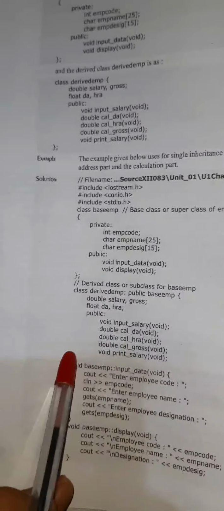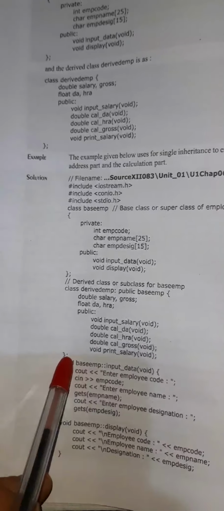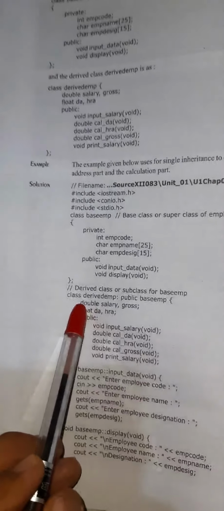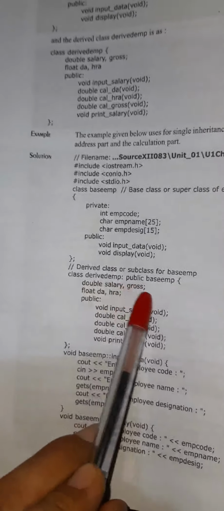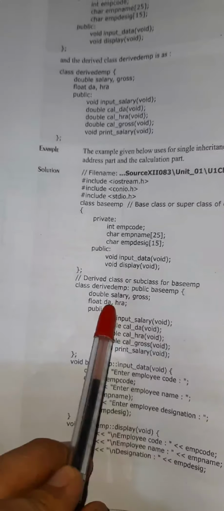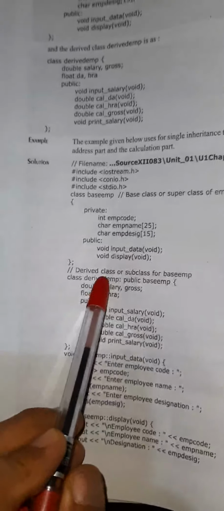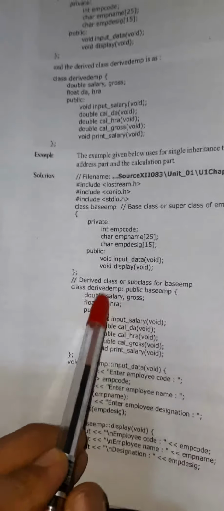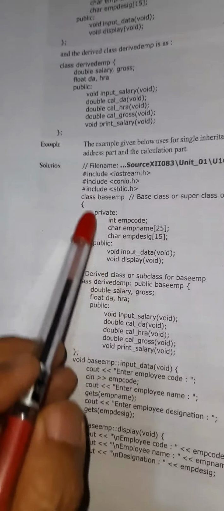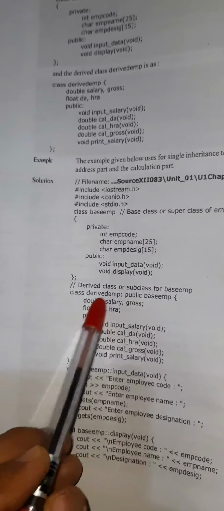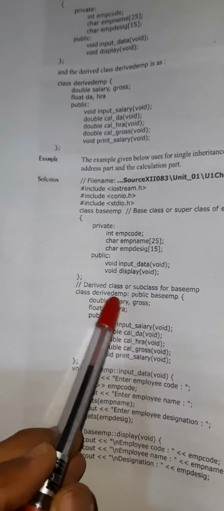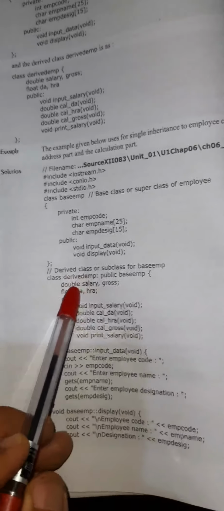Under the opening and closing braces, you can see that the derived class has its own data members, that is double salary and gross, and float da and hra, that is dearness allowance and house rent allowance. These data members are not declared under the base class, because they belong to the derived class and are to be executed within the derived class function bodies only.